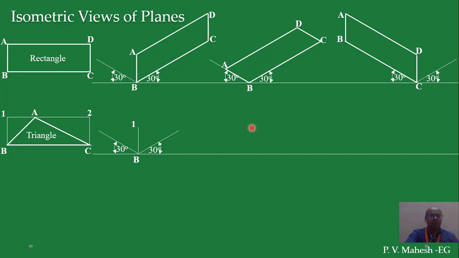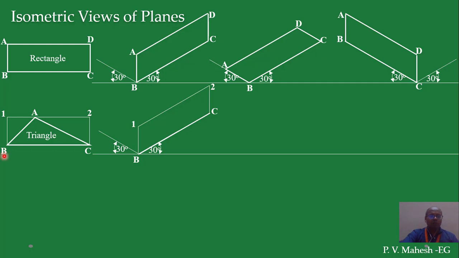Now 1, 2 and BC are lengthwise, so they must be inclined at 30 degrees. We have to draw 30-degree lines from here and here. These two make 30 degrees with this. Find this length, make an angle of 30 degrees, draw two lines here and close this. So this is the isometric view of the box 1, 2, CB.